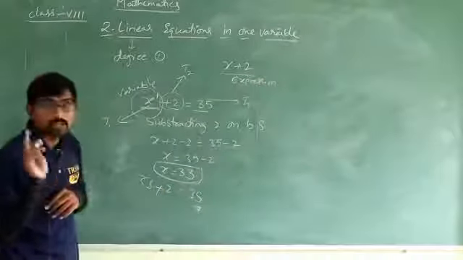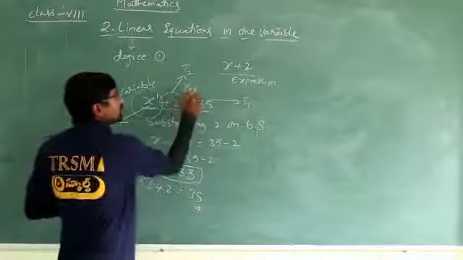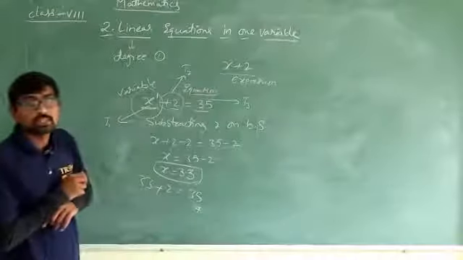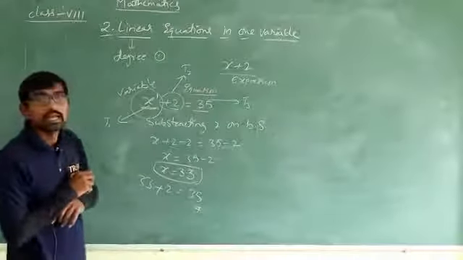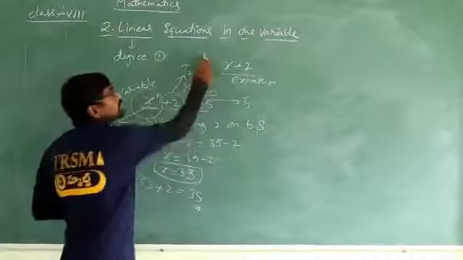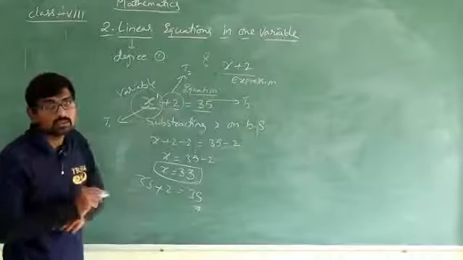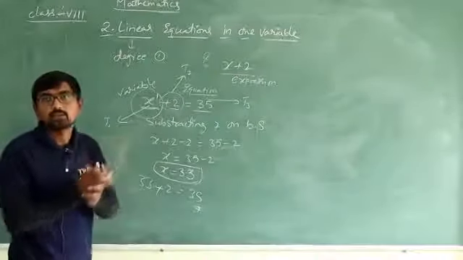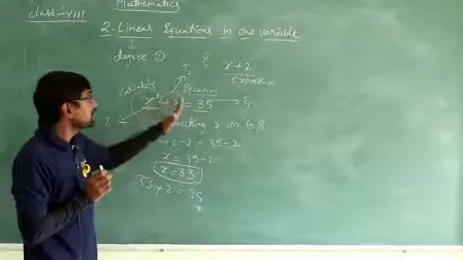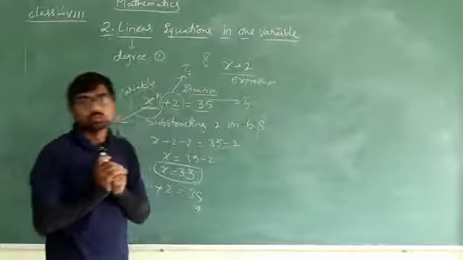I think you understood the difference between expression, and this is called an equation. Expression is given in a confusing way, it is in question mark. But an equation is not in question mark way, it has a proper solution. It means that when an expression is equated to some quantity, that expression is called an equation.